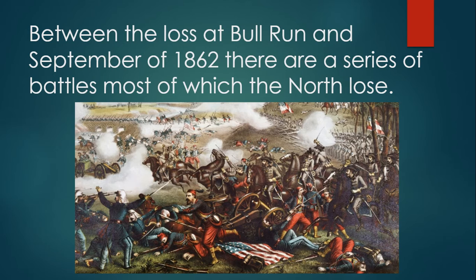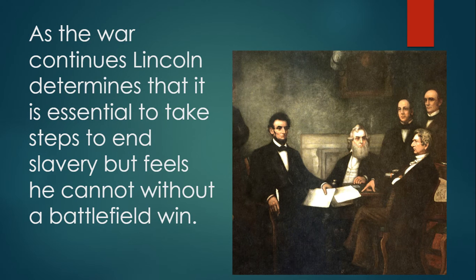And the North largely loses most of them, especially in the Eastern Theater, which is between Richmond and Washington, D.C. At some point, even the Northern leaders were worried that other countries, such as France and Spain and Russia, may come in and help out the Confederacy, because it didn't look like the North could win and it looked like the South was going to become its own country, and that would be a problem.